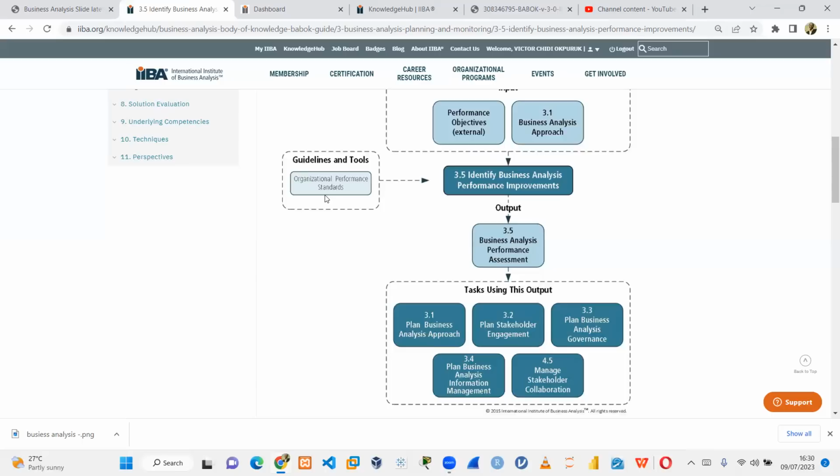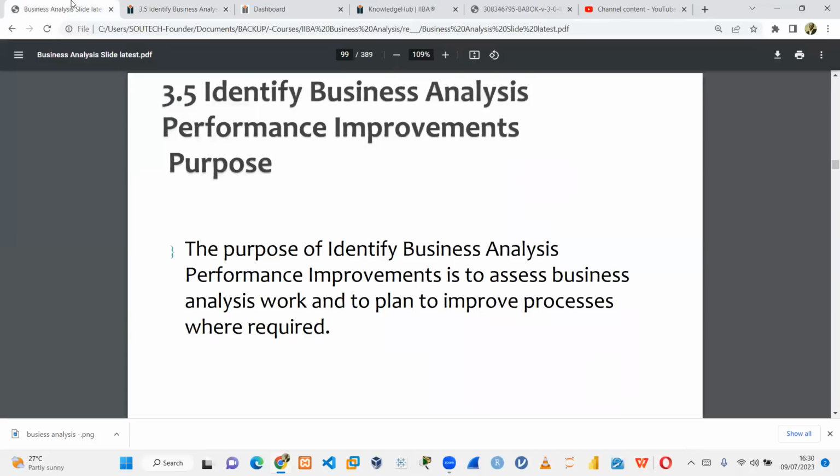What is their average, what they shouldn't go below. Of course that is going to help us manage and improve our services. So this is to identify business analysis performance improvement, to help plan and improve processes where required.